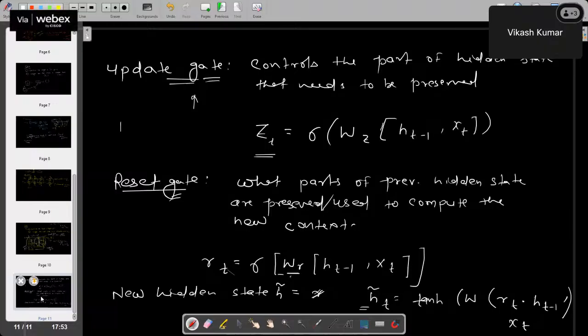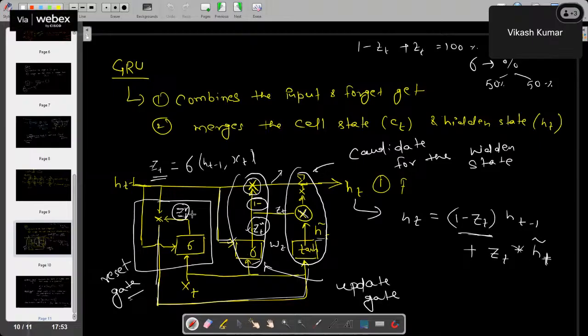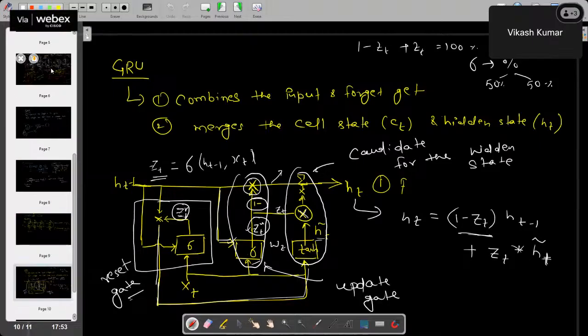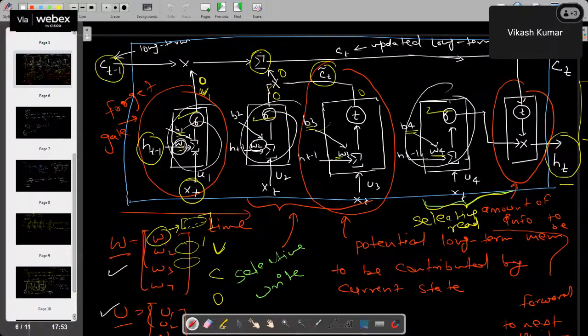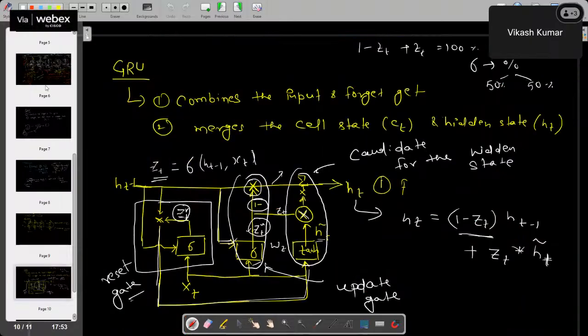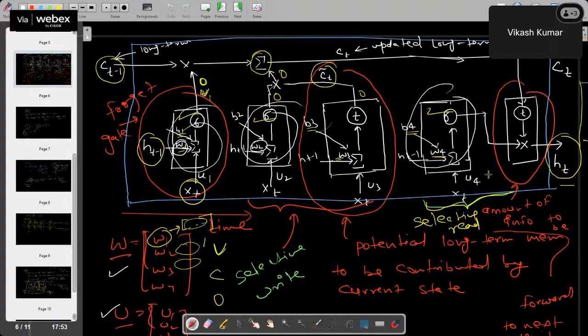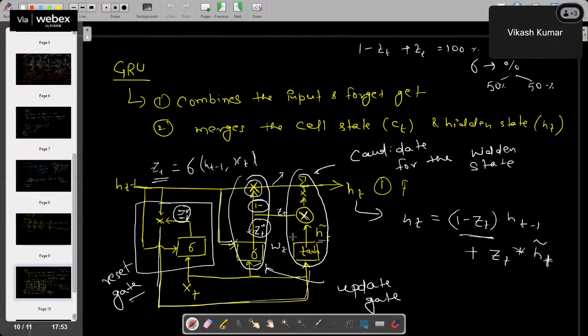The small change that we have seen is just the merging of input and forget. If you can recall, the input and the forget gates have been merged into this one. The output gate is somewhat similar to what we still have in GRU. The cell state and the hidden state are now merged into a single part.